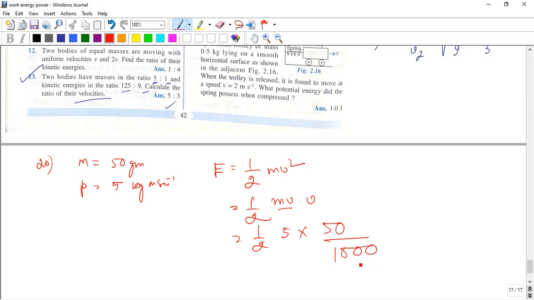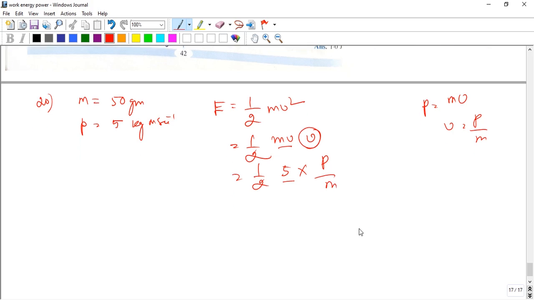What is the velocity? Velocity, since p equal to mv, is p by m.